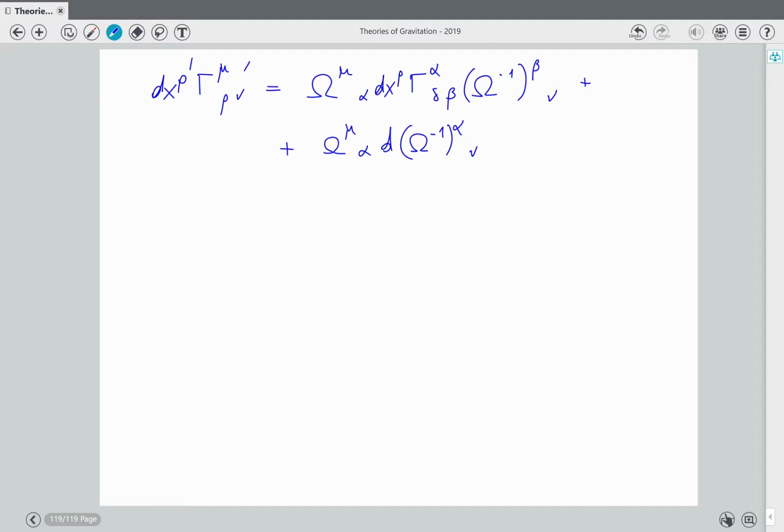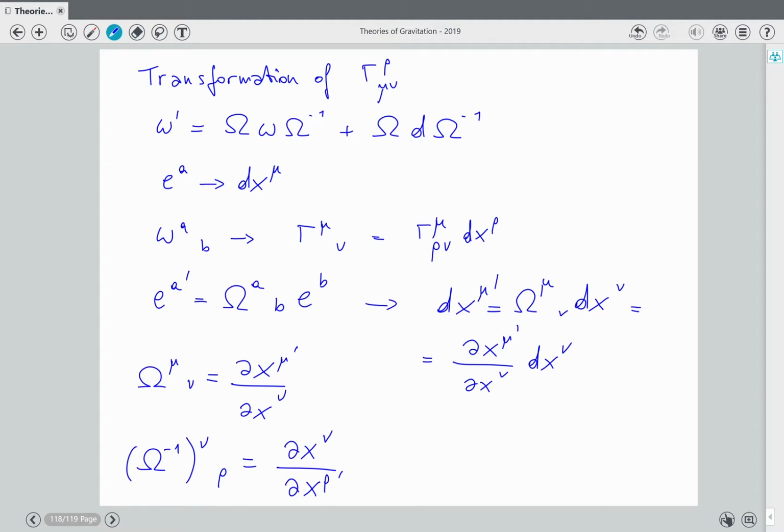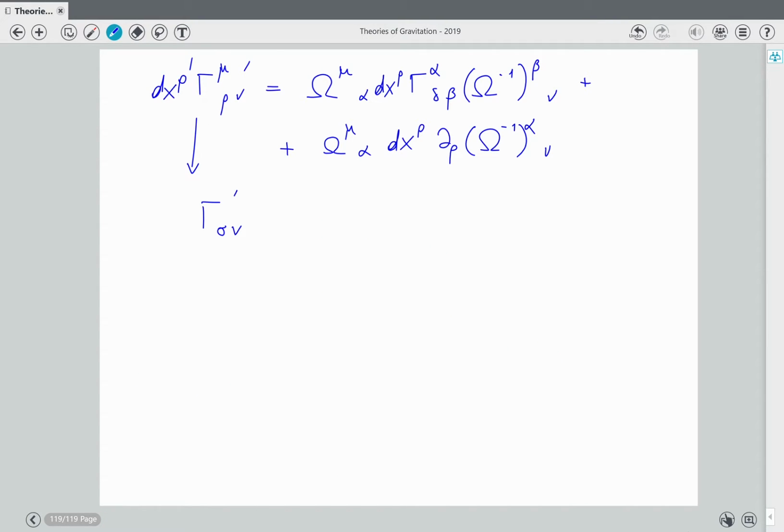Here, this is a differential, so let me write it like a partial derivative times the differential of the basis dx rho, because we want now to isolate dx rho. Here, however, we have dx rho prime, so you have to put what? dx rho prime is omega times dx, so that is an omega sigma rho dx rho.